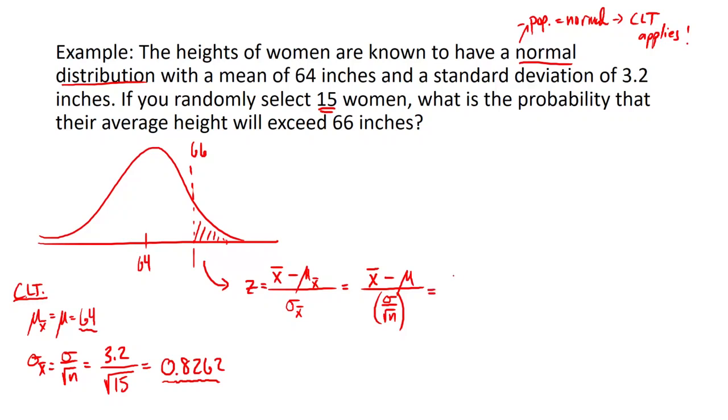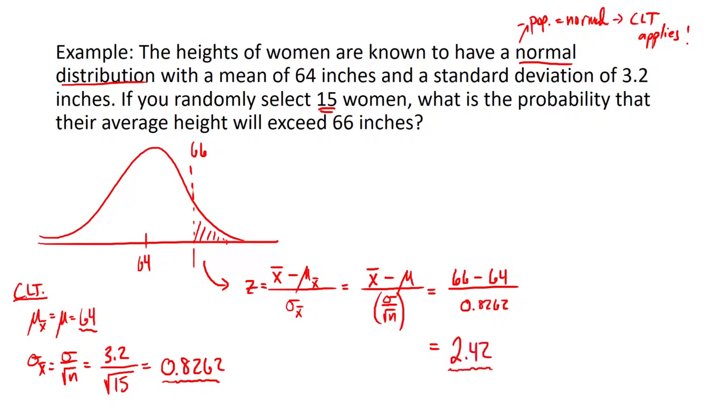We're still going to do 66 minus 64 on top, but what's going to change is on the bottom, we're going to use that updated, smaller standard deviation that takes into account averaging multiple people. So if you do that, what's the z-score for this problem? 2.42. Other people get that? 2.42.